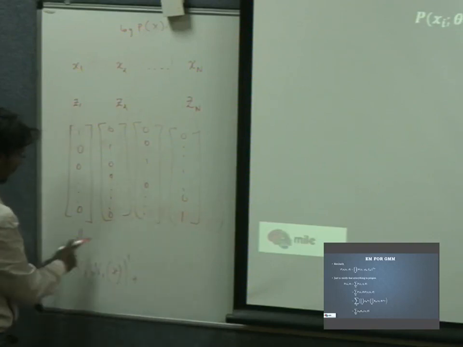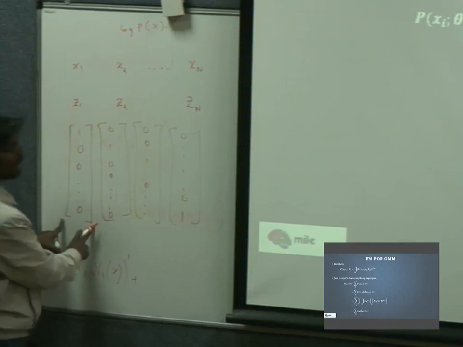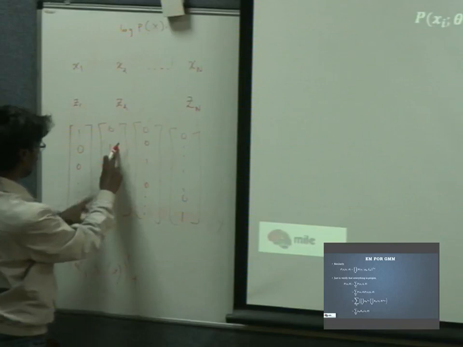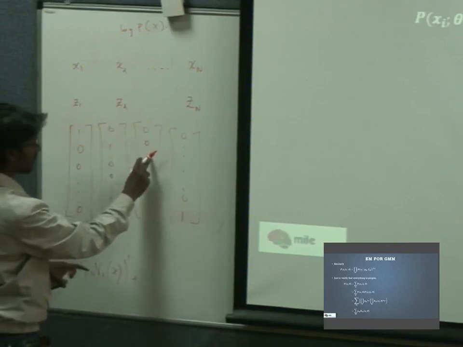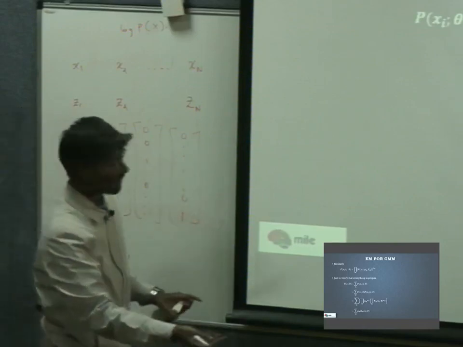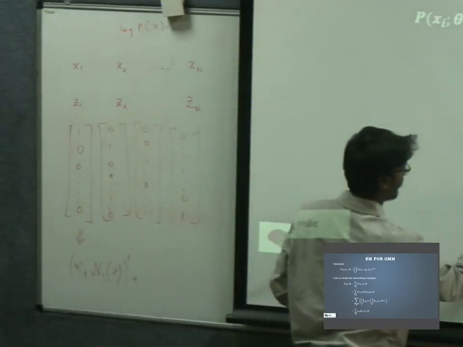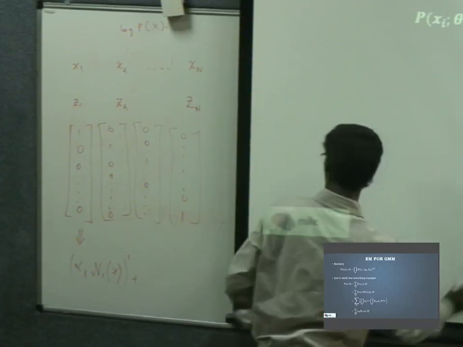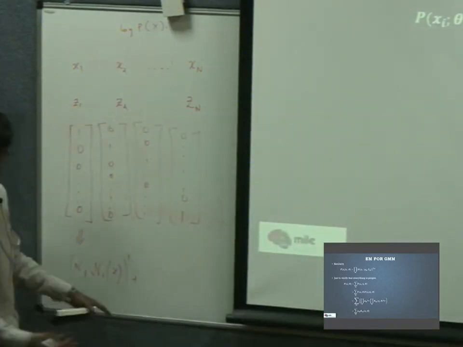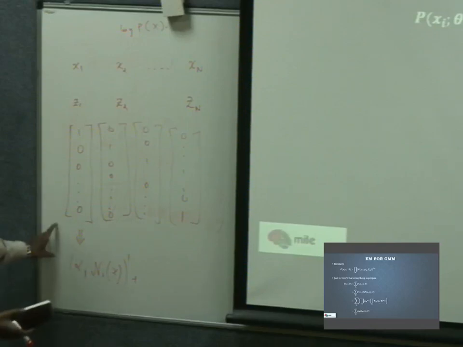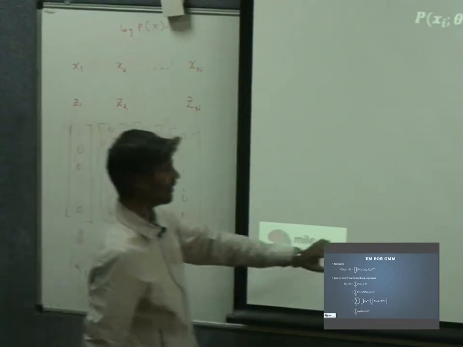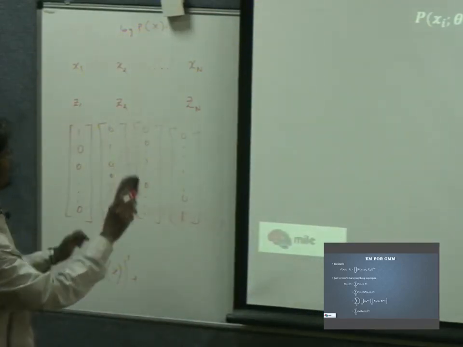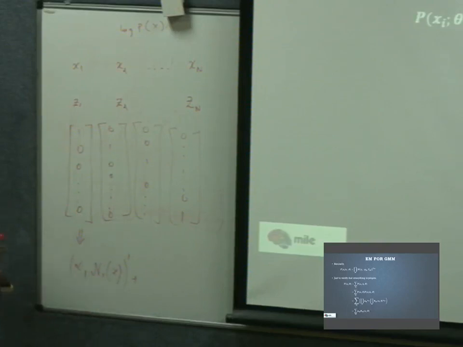I'll just write N1 instead of mu1 sigma1, as shorthand notation. So you have only one term for the first z, and for the next z you get only alpha 2 N2, for this one alpha 3 N3, and for this alpha m N m. That is why, instead of the subscript being z_i, you have simply m. You got it, right? So now this is what was your assumed density function. So whatever we have chosen, the p of z and p of x given z, are proper.